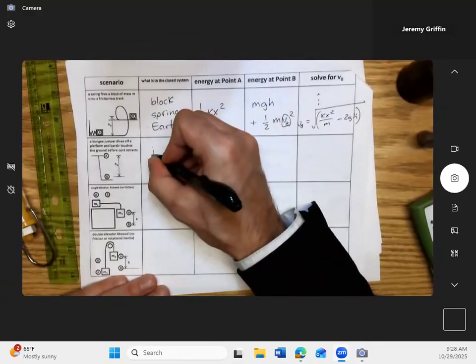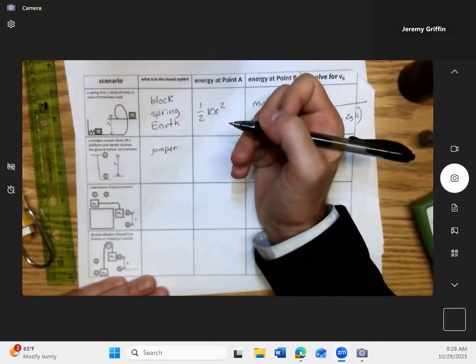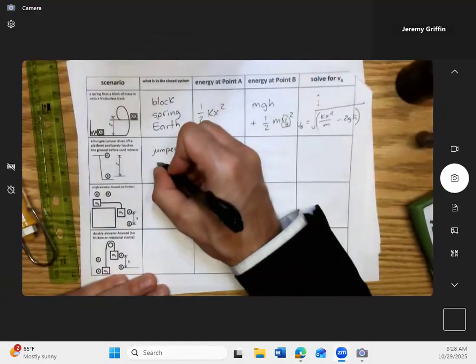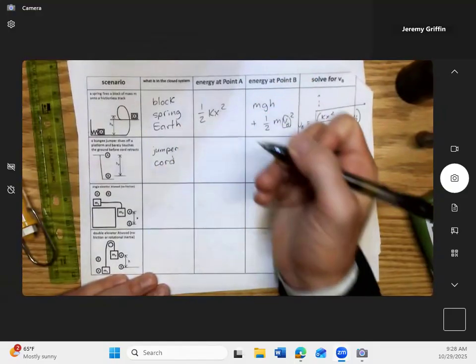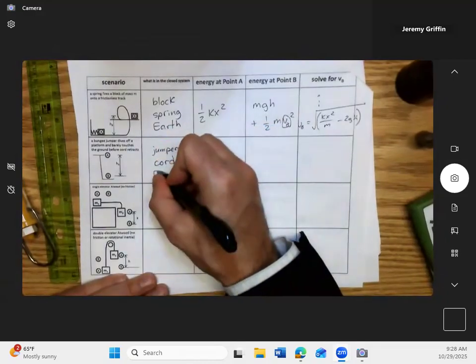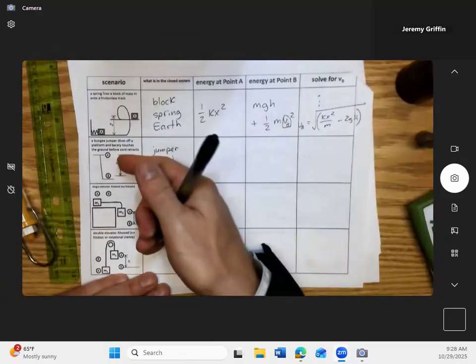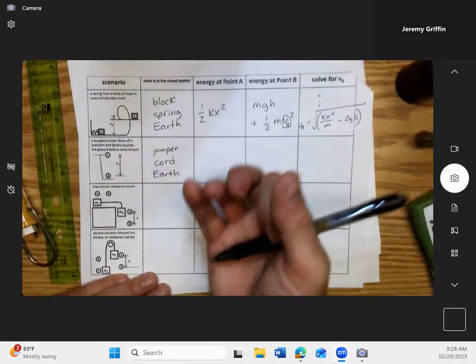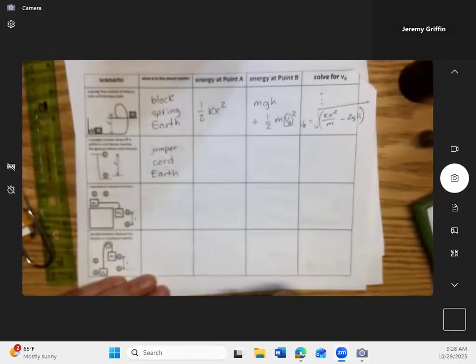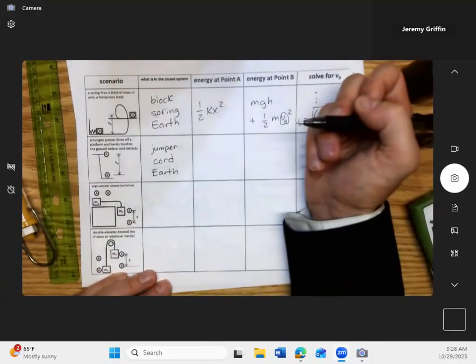The bungee jumper with some mass, and also the bungee cord, because we're going to treat that as a spring. And also the Earth, because there's a height change and gravity force. So the bungee jumper, the bungee cord, and the Earth.